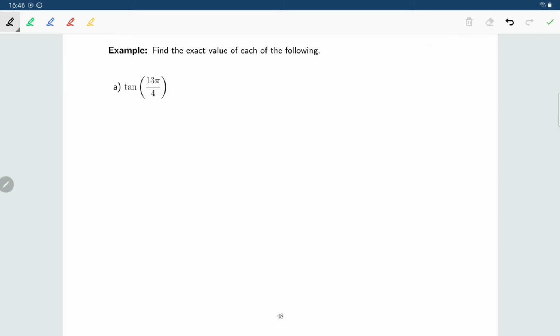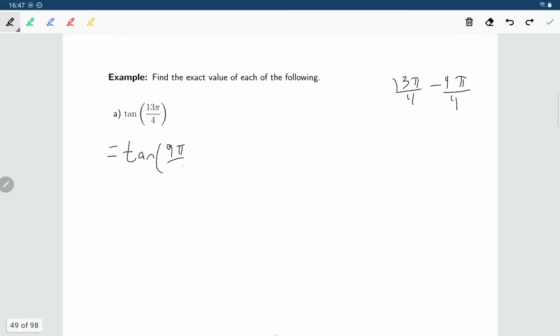And what I'm going to do here is, instead of subtracting 180 degrees, I'm going to be subtracting pi radians. And if you're thinking about subtracting pi, that would be the same as subtracting 4 pi over 4. So 13 pi over 4 minus 4 pi over 4, that would give me 9 pi over 4.